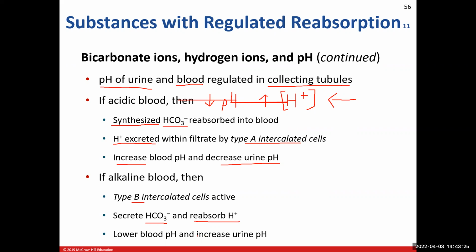As a result, this will lower the blood pH, making the blood more acidic. We are offloading those hydrogen ions into the blood, so there's less in our urine. So that will cause the urine's pH to increase.